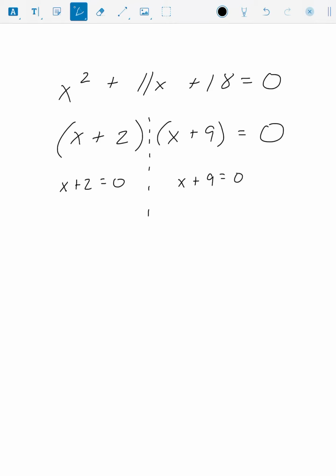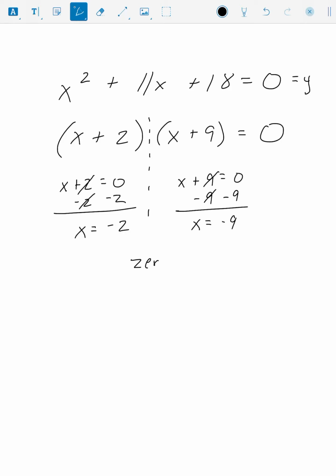This tells you when the y value is equal to 0, what is my x value? Now I solve this as I would any other equation. I'm left with x equals -2 and x equals -9. Now, these are both my zeros of the function. x equals -2 and x equals -9.